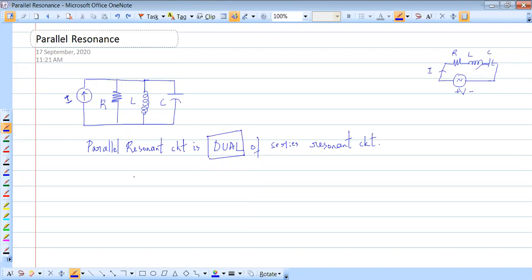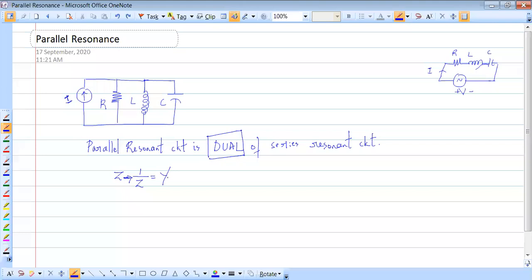Understand this? In series RLC circuit, wherever Z was there, it would be replaced by 1 by Z. What does that mean? What is 1 by Z? Z is impedance, 1 by Z is admittance. Understand? So this is what is going to happen.